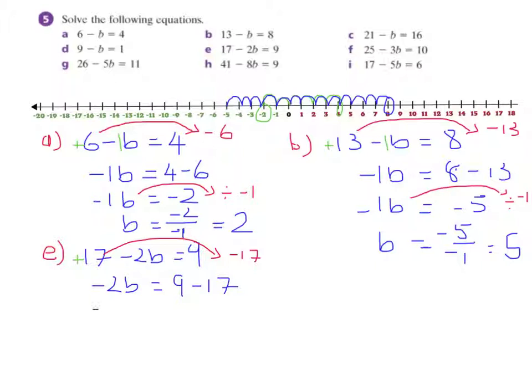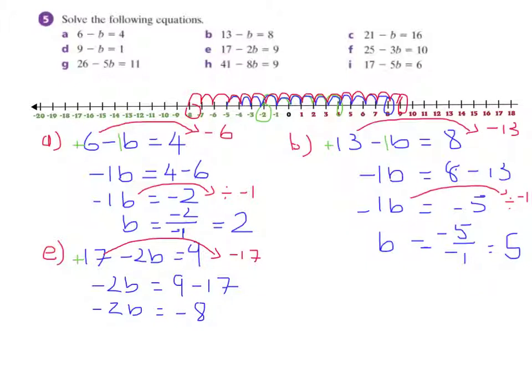So I've got 9, take 17. 1, 2, 3, 4, 5, 6, 7, 8, 9, 10, 11, 12, 13, 14, 15, 16, 17. So it's negative 8.